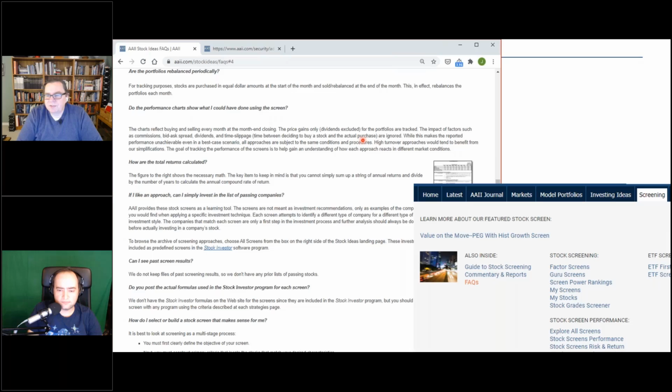So we don't look at opens or bid-ask spreads. There's no time slippage. It's a very best case scenario, and our goal is not to suggest these are investable portfolios at this price point, but more of typically how does this screen do over time. Gotcha. Thank you. Certainly.